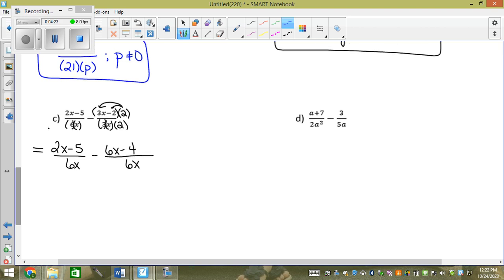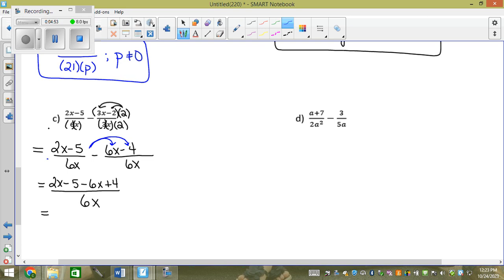So we get equals 6x in the denominator. And then that numerator, I have 2x minus 5 minus 6x minus a negative 4. Remember, you have to minus everything behind that. So when it's a binomial, you have to remember to minus the 4 as well. If you don't, that's a common error. So we get minus 6x minus a minus 4, so we get plus 4.